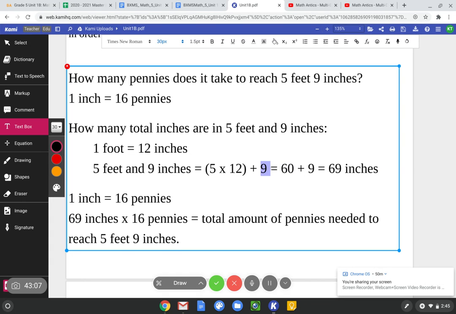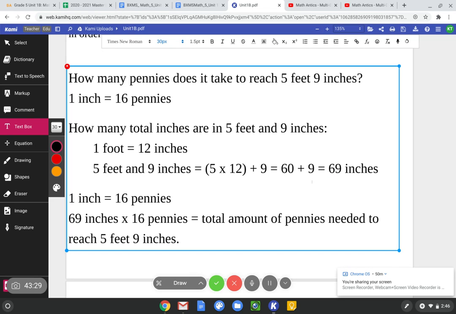And we're adding 9 because it's 5 feet and 9 inches. So we're converting the feet into inches, which 5 times 12 equals 60. So 60 inches and 9 inches. That's 69 inches.